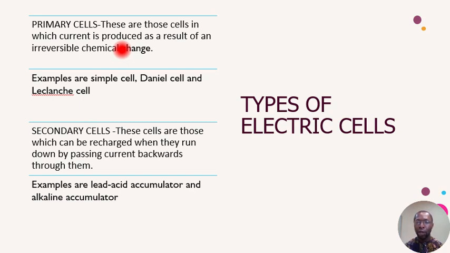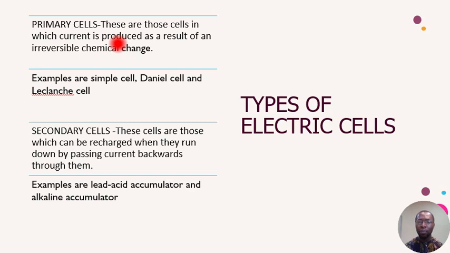By definition, we say they are those cells in which current is produced as a result of an irreversible chemical change. So when we say irreversible, that means they cannot be charged again. So the cells that produce current as a result of irreversible chemical change are known as primary cells.